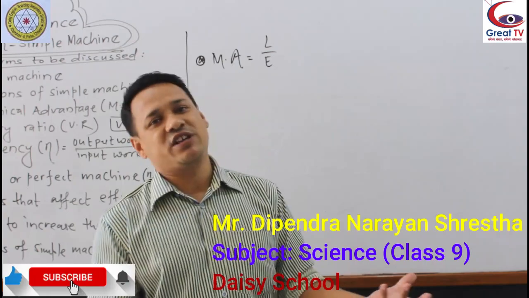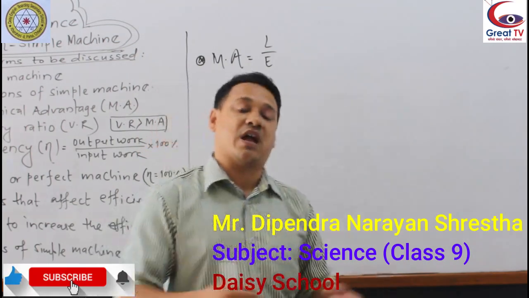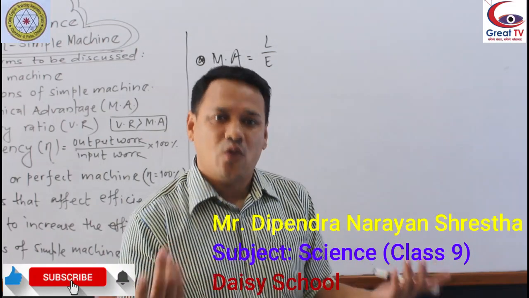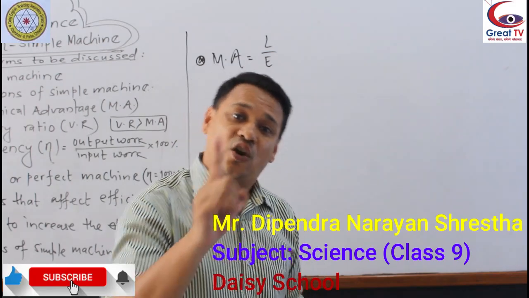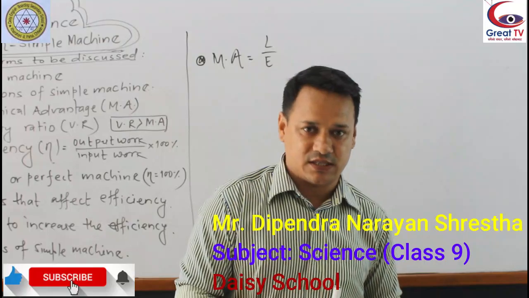Simply, you can say the ratio of load and effort is called mechanical advantage. In exams it is frequently asked, what is mechanical advantage? So remember, mechanical advantage is the ratio of load and effort.